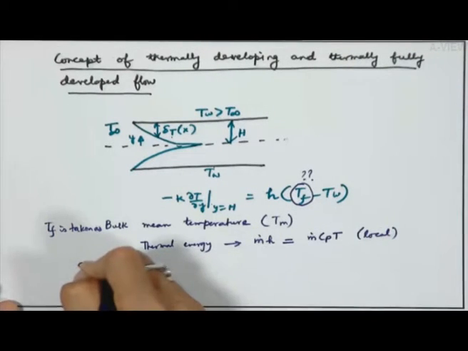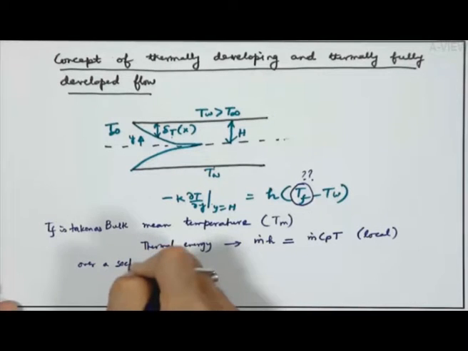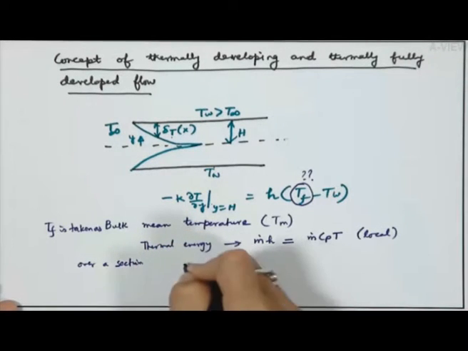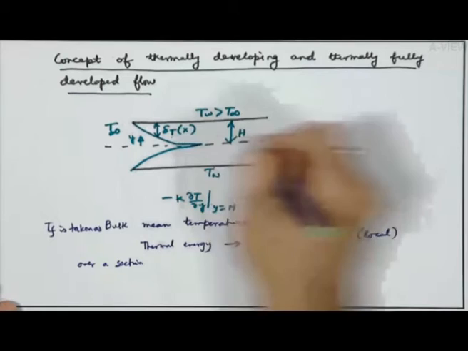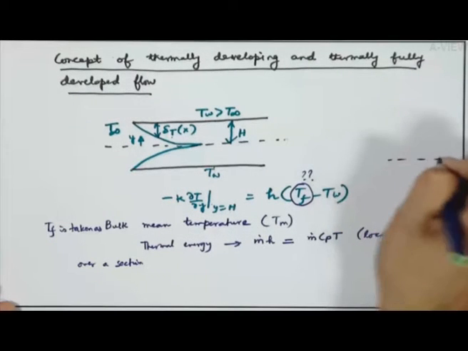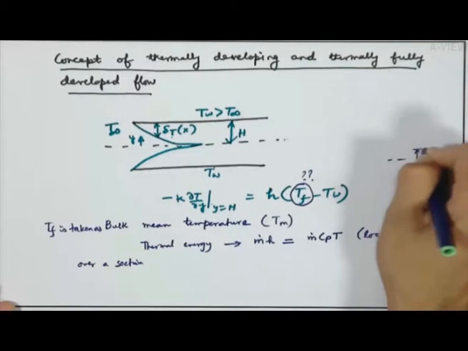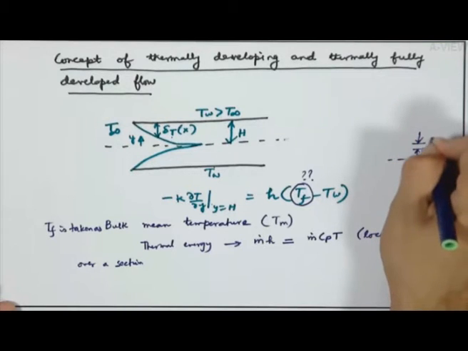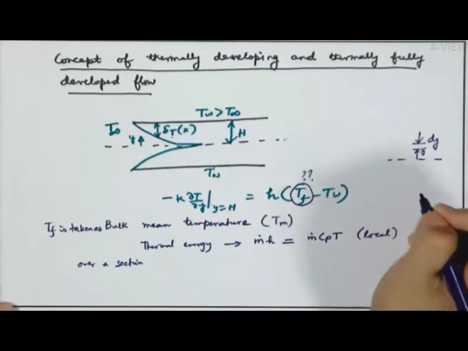Over a section, you take a small element; this is the center line, and at a distance y you take a small element of width dy. What is the mass flow rate through this?